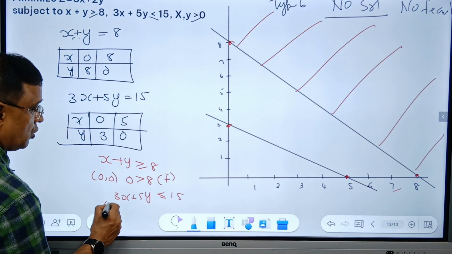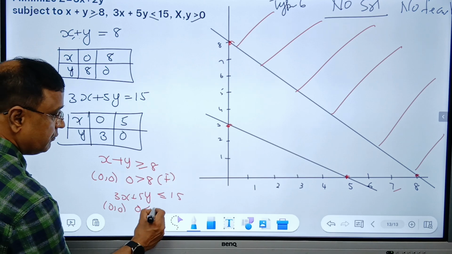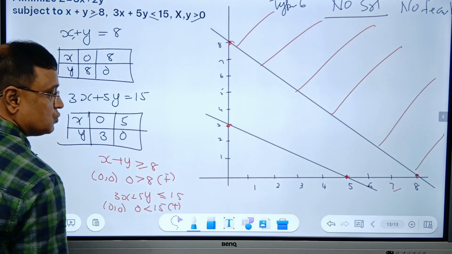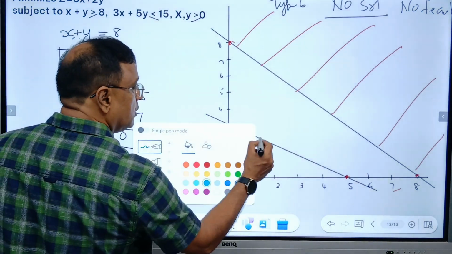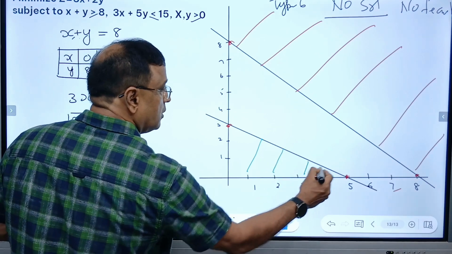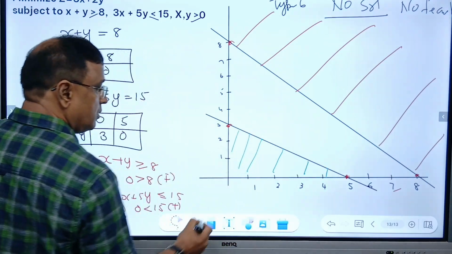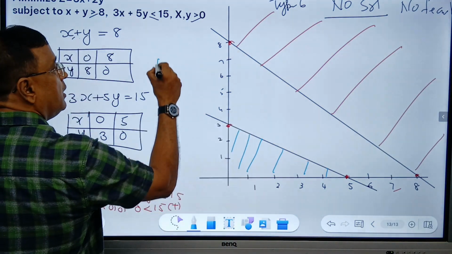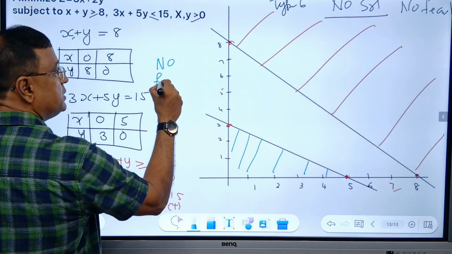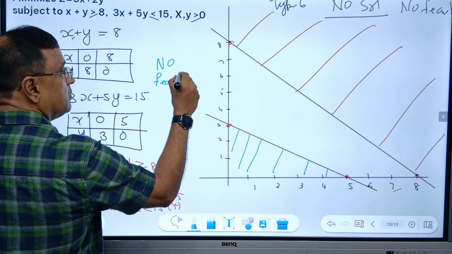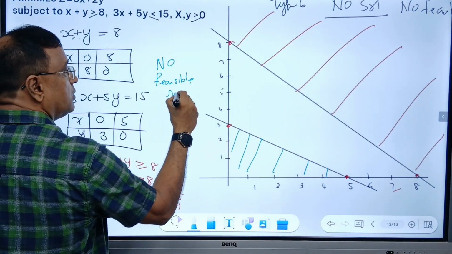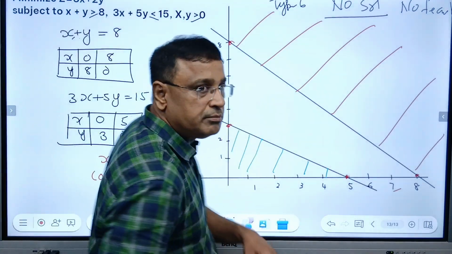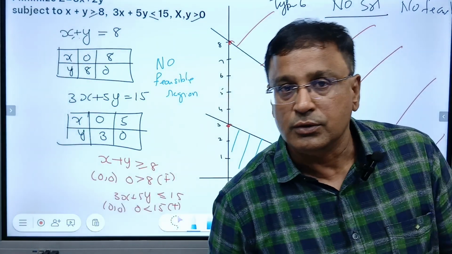I substitute origin. 0 less than 15. It's true. So this is towards origin. So where is the overlap? So this problem has no feasible region. Therefore it has no solution.